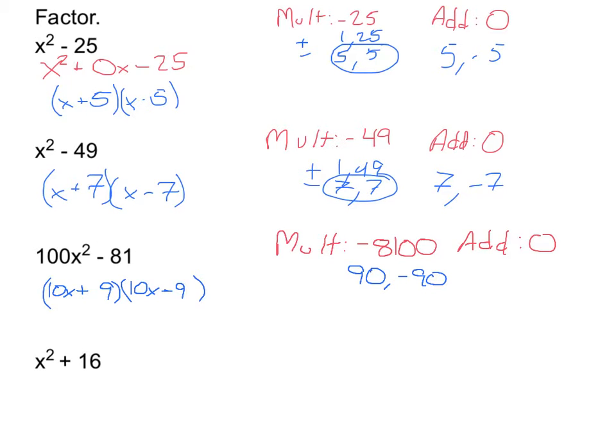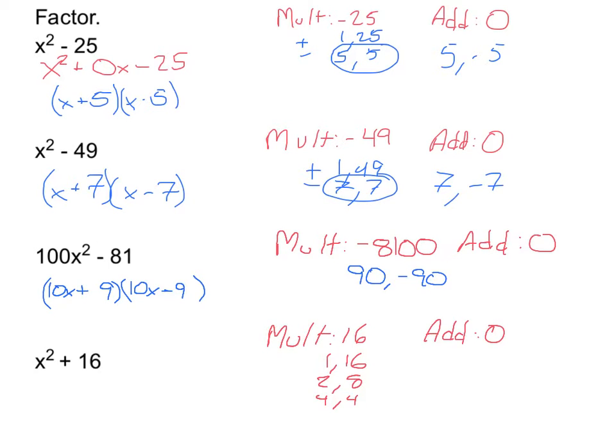Now in the fourth one, we need numbers that are going to multiply to 16 and add to 0. Things that multiply to 16 are 1 and 16, 2 and 8, 4 and 4. But they have to add to 0.